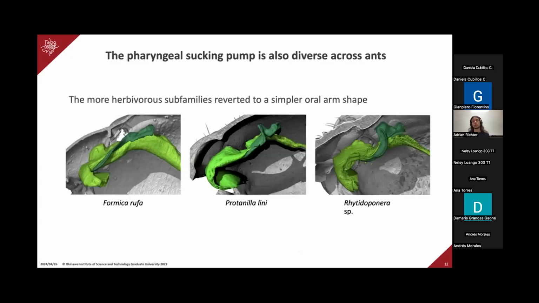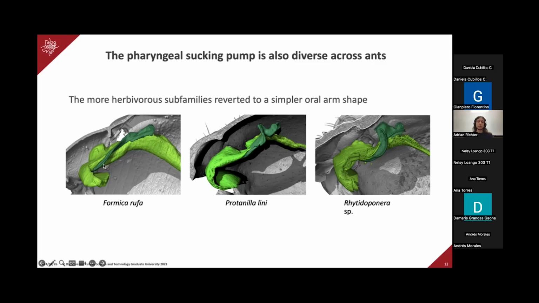However, there is also some variation within the ants of the sucking pump. And very interestingly, a lot of the formicines and also dolichoderines, such as this Formica here, which are ants that are more herbivorous, that feed a lot on liquid plant-based food sources, such as extrafloral nectar or aphid products, they have a more simple construction again.